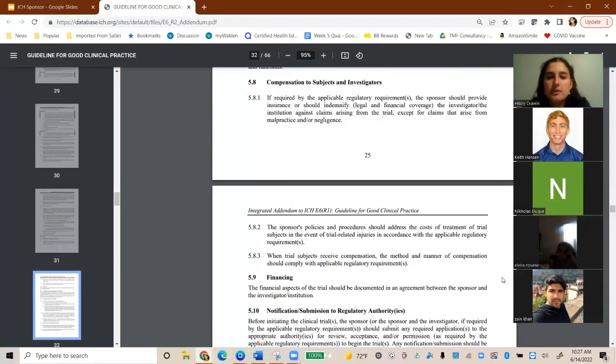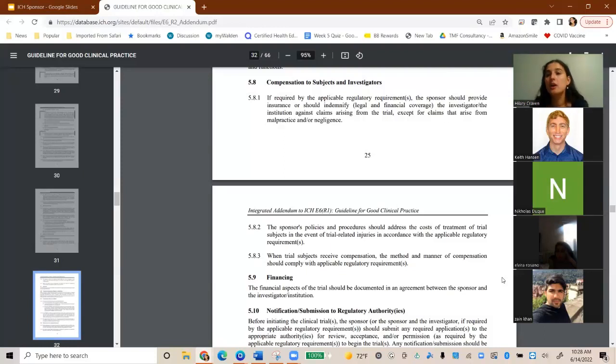The sponsor's policies and procedures should address the cost of treatment for the trial subjects in the event of trial-related injuries in accordance with the applicable regulatory requirements, like what we just talked about. And the trial subjects receive compensation. The manner and method of compensation should comply with applicable regulatory requirements. So keep in mind that this document is for multiple countries, right?